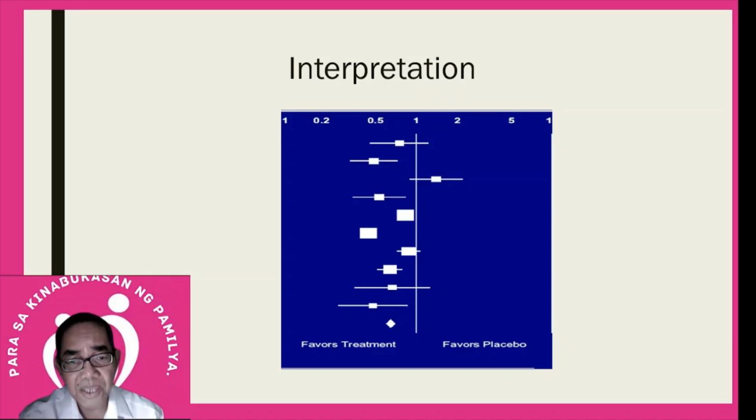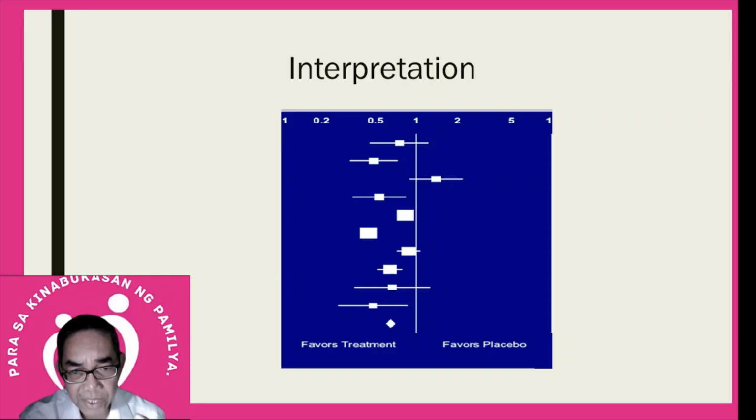The larger the sample size, the bigger will be the rectangle. If the sample size is smaller, then the rectangle will be small. And if the sample size is small, the range will be wide. So you will note that this one has a very narrow range because the sample size is big. This one is also narrow because the sample size is big. This one is narrow, the sample size is big.